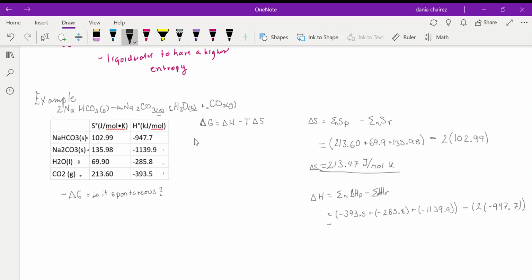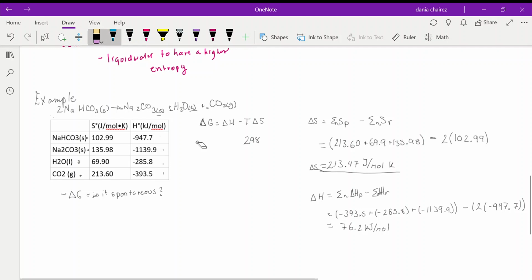And then once you do all of that, you should get 76.2 kilojoules per mole. And then our temperature is 25 degrees Celsius, which we can convert to 298.